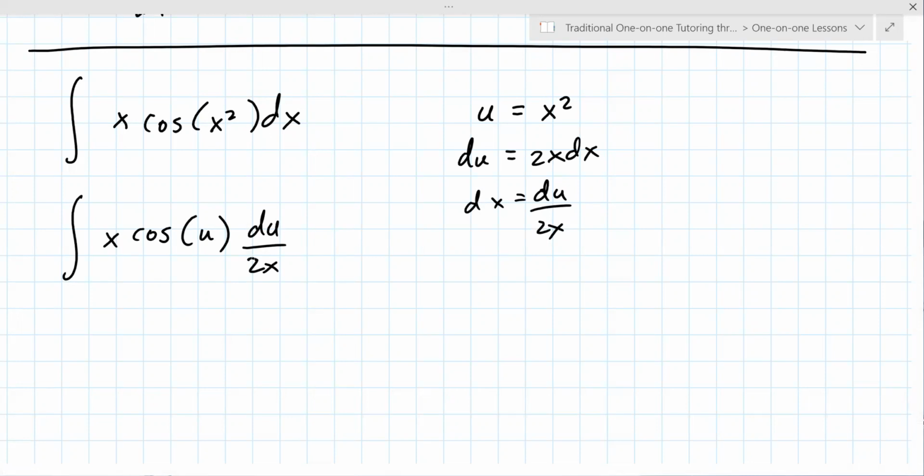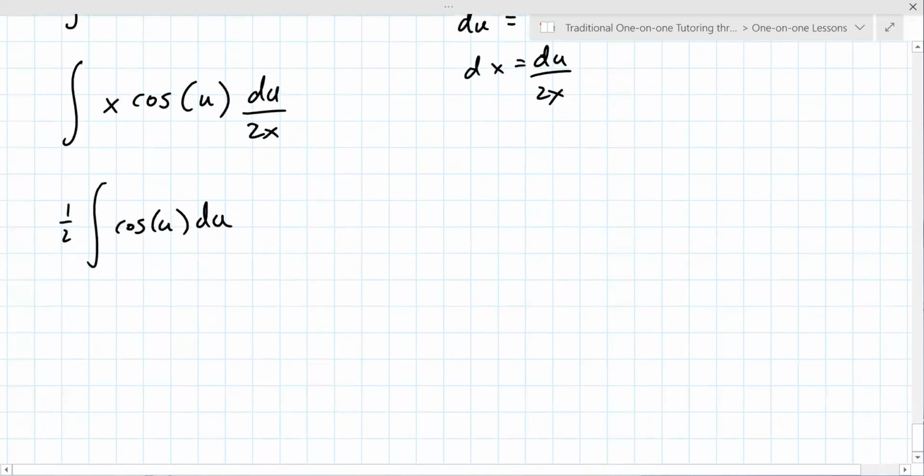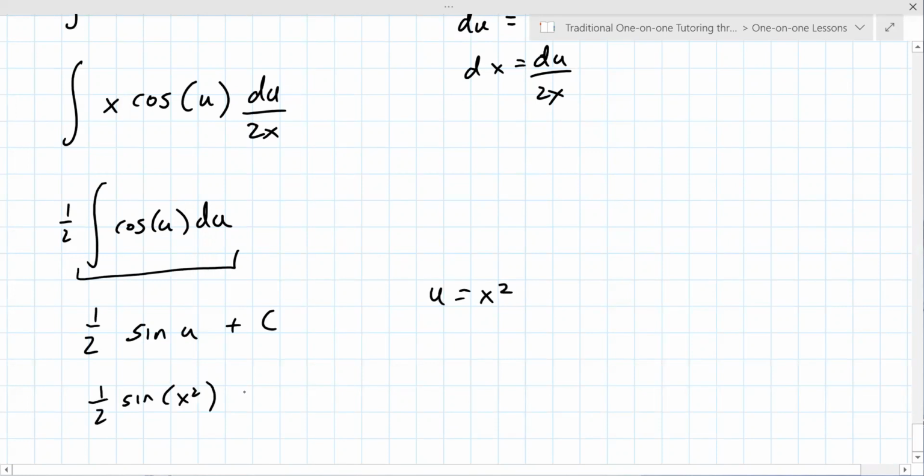See how the x's cancel? 1/2 cosine u du. What is the integral of cosine u? It's sine u plus c, bring the 1/2 down. And your u was x squared, so this becomes 1/2 sine x squared plus c.